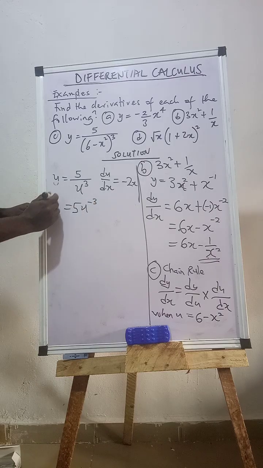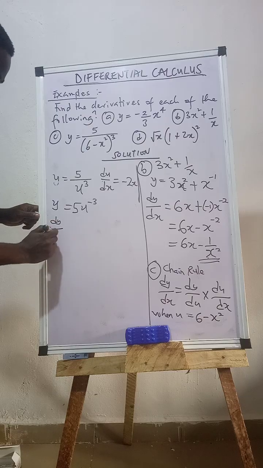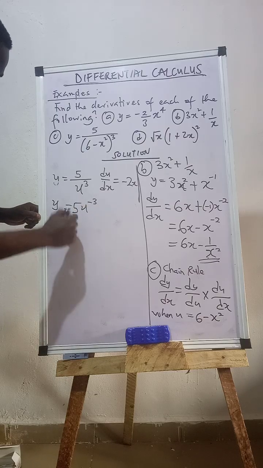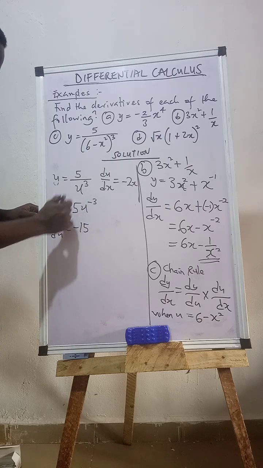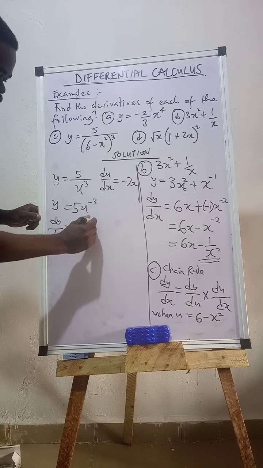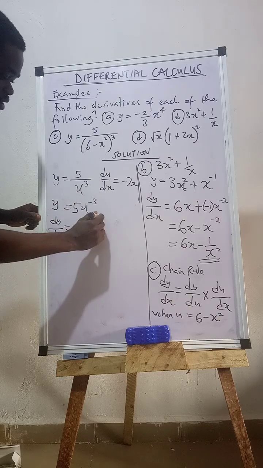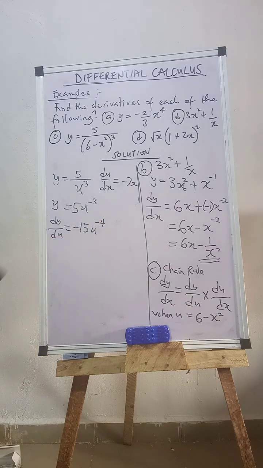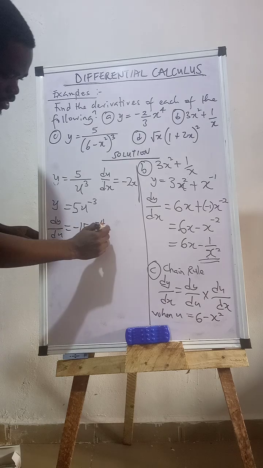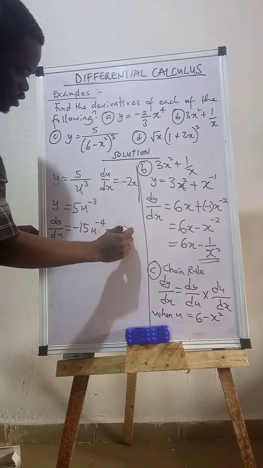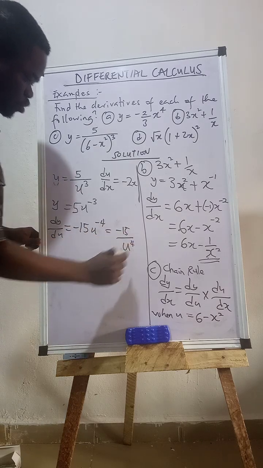I'm only rewriting it. So dy over du is equal to minus 3, it's now minus 15. How did we say it? u to the power minus 3 minus 1 is minus 4. So rewriting this, it is minus 15 all over u raised to the power 4.